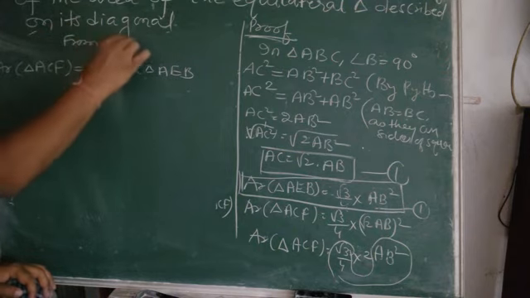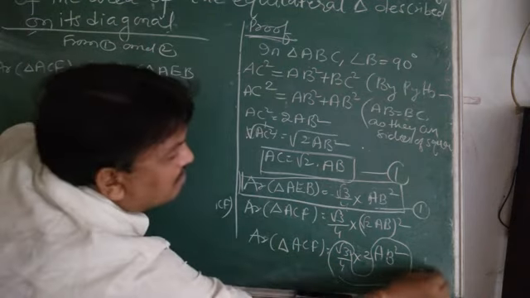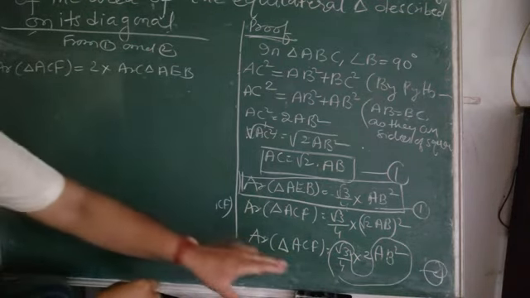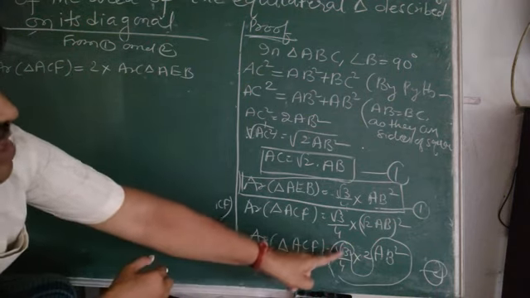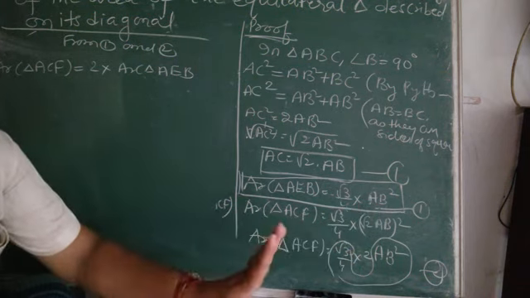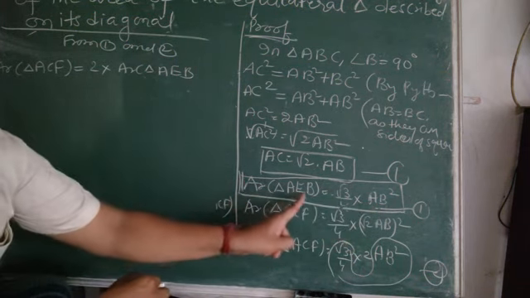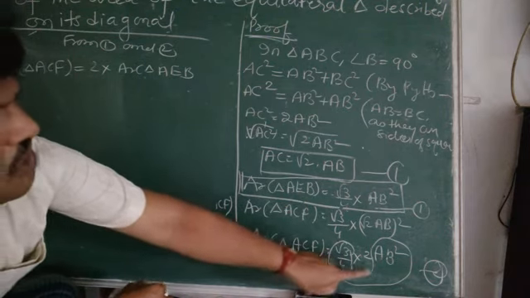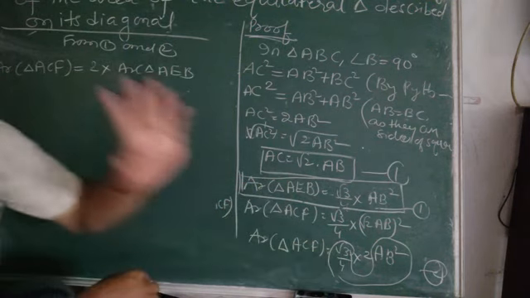From 1 and 2, because I am giving it as number 2, children. Very simple, children. Area of triangle ACF we find is root 3 by 4 into 2 into AB square, and root 3 by 4 into AB square is nothing but the area of triangle AEB. So I just replaced root 3 by 4 AB square with the area of triangle AEB, into 2.